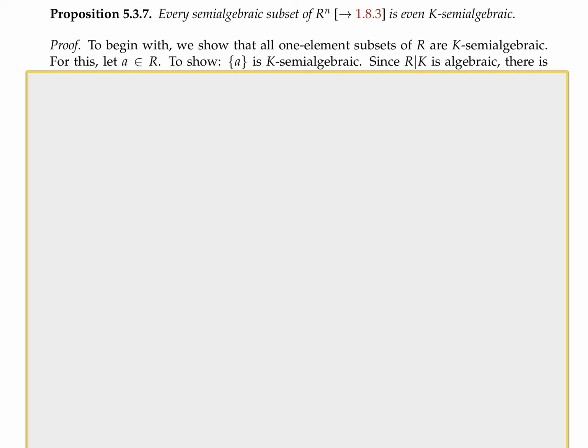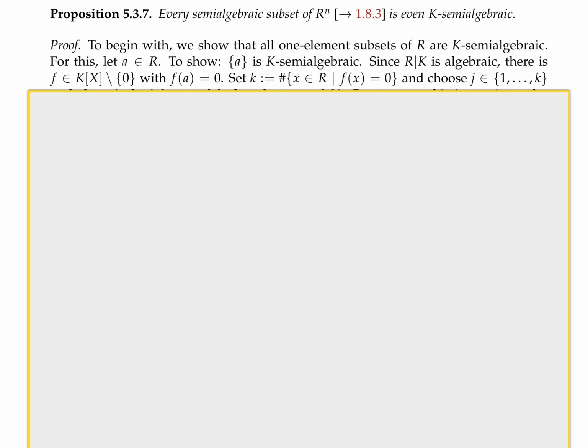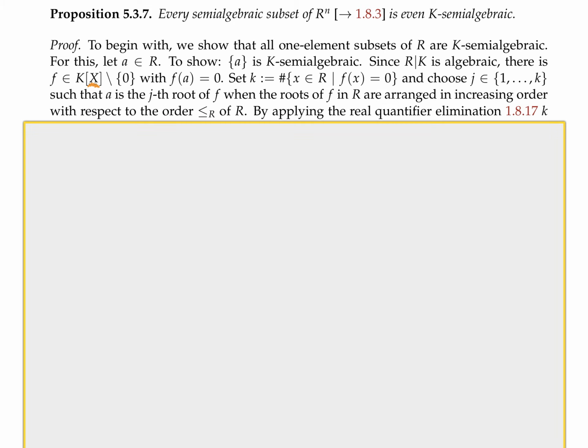Since R over K is algebraic, there is a non-zero polynomial over K in one variable. We are starting here actually with the case n equals 1 and with very special sets, namely singletons. So I have a polynomial in one variable, so I have to correct this in the lecture notes.